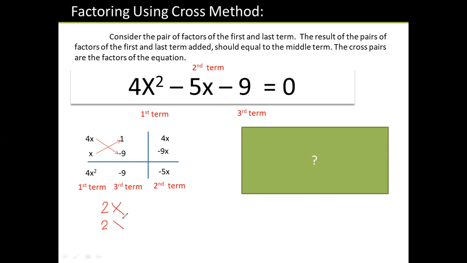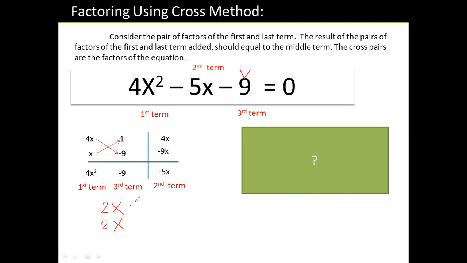Okay, what are the other factors of negative 9? Okay, we have there 1 and negative 9. So what else are the factors of negative 9? I think 3 and negative 3.